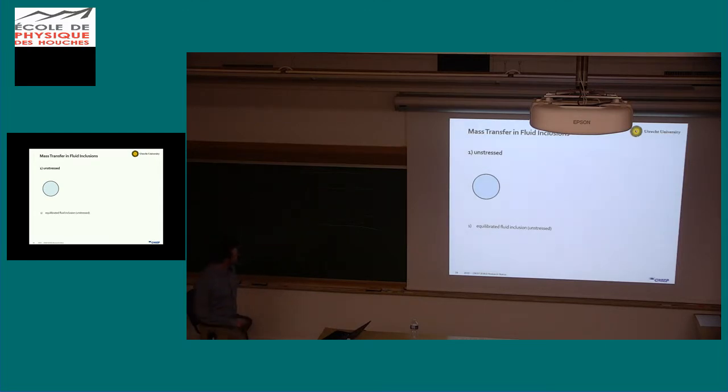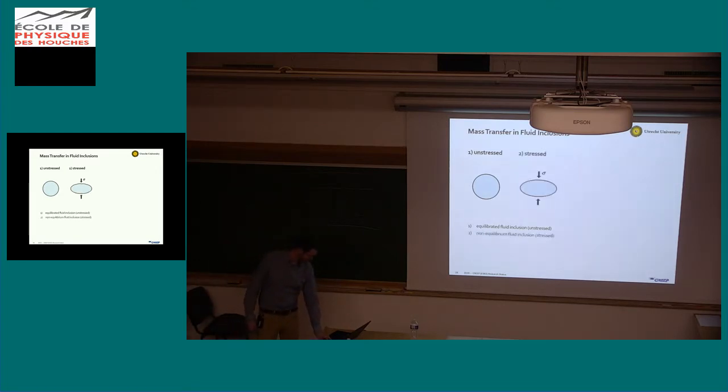I'm going to quickly go through this model so it's clear what we are doing. So we are looking at a regular round unstressed inclusion that as soon as some differential stress is applied changes its shape. I want to note that the shape change should be very minimal. It's just extremely exaggerated here.